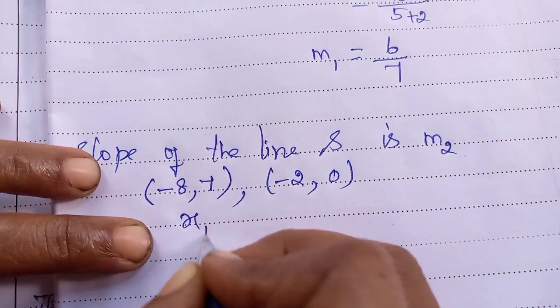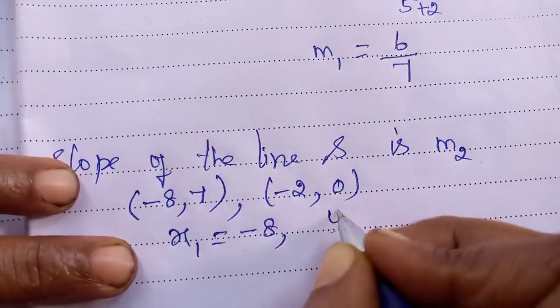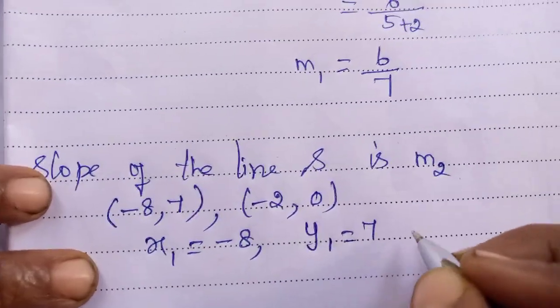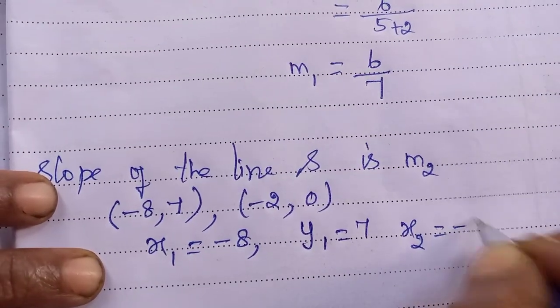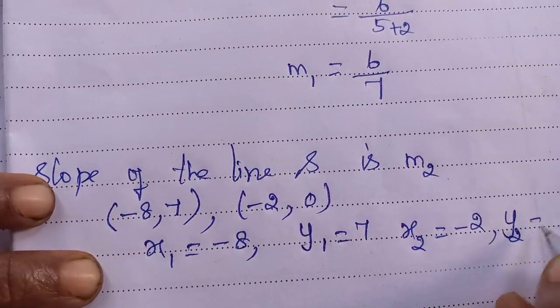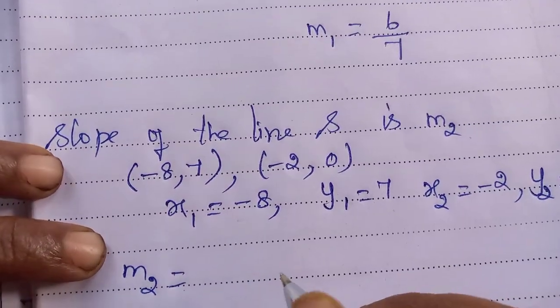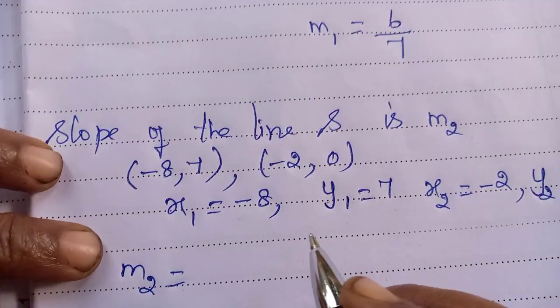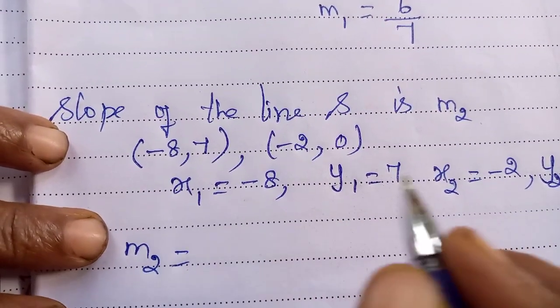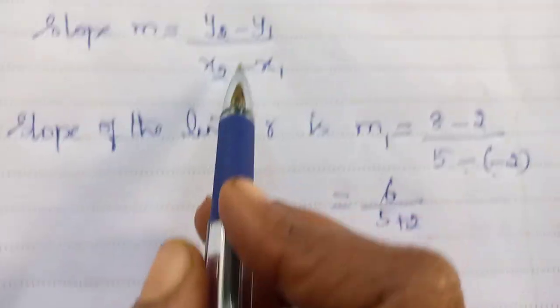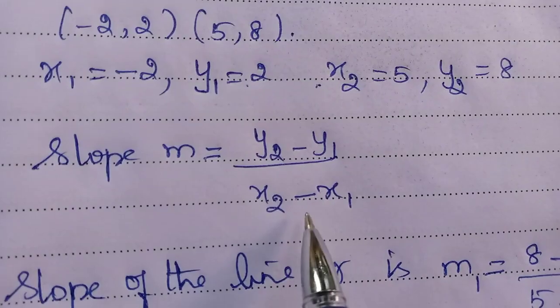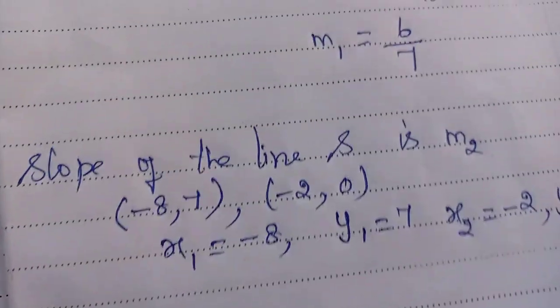What is x1? x1 equal to minus 8, y1 is equal to 7. What is x2? x2 is equal to minus 2, y2 is equal to 0. So M2 is equal to, shall we substitute? What is the slope formula? y2 minus y1 by x2 minus x1. Let us substitute.